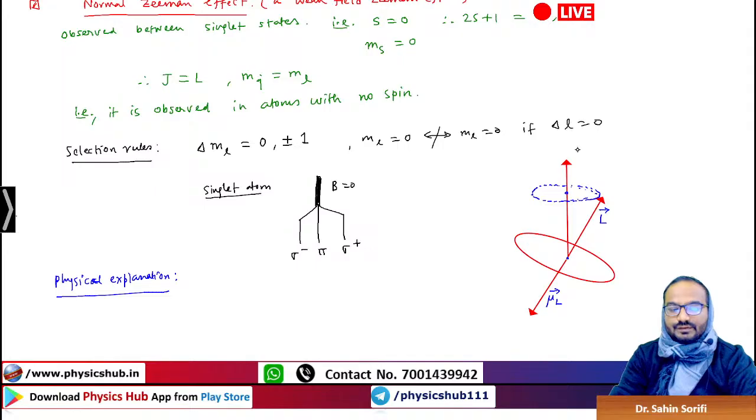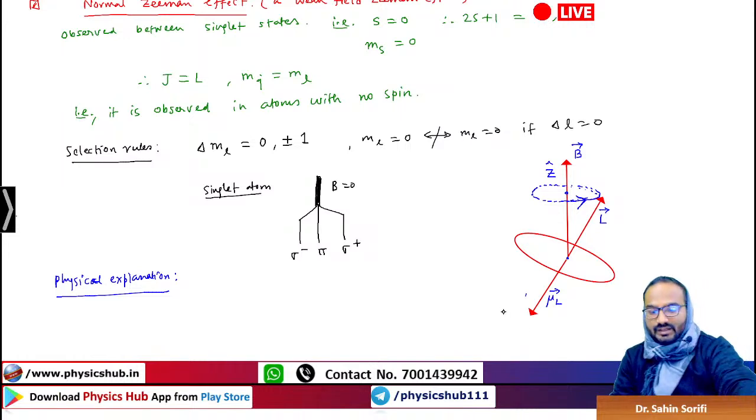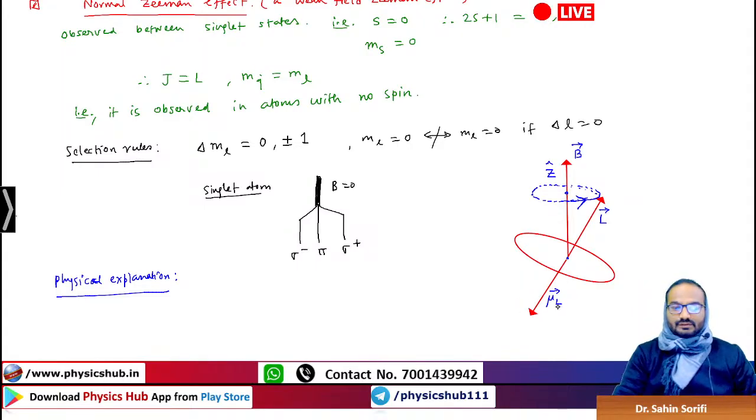This is the direction of the magnetic field B, and it is along the z direction. So L will precess about the magnetic field direction. In a similar manner, as L is precessing, mu L will also precess.